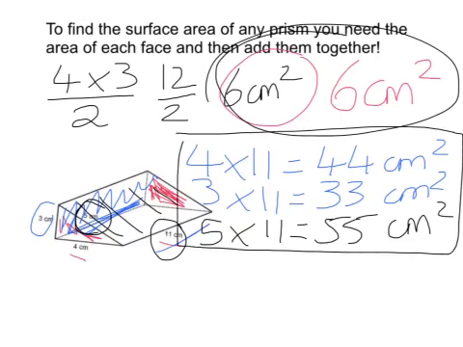So, to find the total surface area, I need to add these together. So I've got 55, add 33, add 44, add 6, add 6. So the total surface area is 144 centimetres squared.